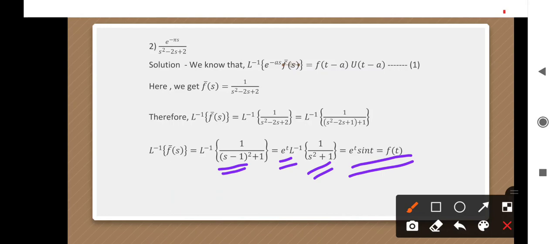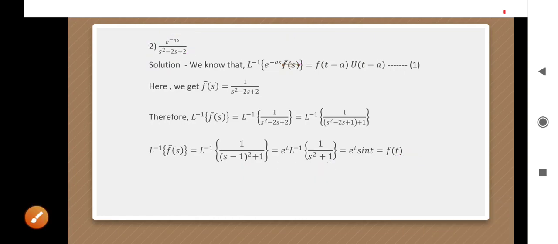Now we have to just replace t by t minus a. Here a is pi, so wherever there is t in f of t, you have to write it as t minus pi.